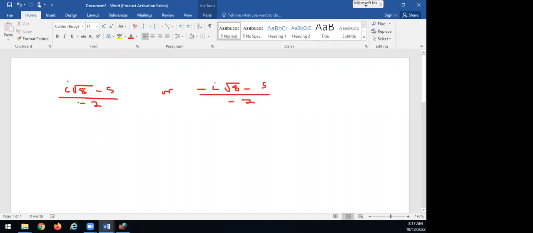Now let's split this and see what we would have. So root 8 is the same thing as what? 4 times 2. What's the root of 4? 2. So this is the same thing as 2i, can take out the 2 if you want, and then we're going to have a root 2.